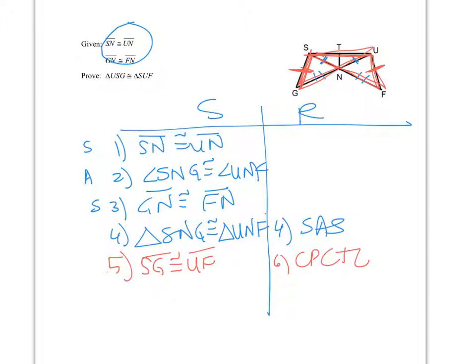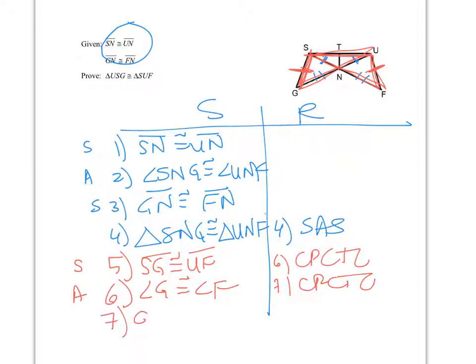So my step 6 here will be angle G is congruent to angle F. That is also CPCTC. So that's another S. That's another A. Step 7, I'm going to go with GU is congruent to FS, and that's by addition.